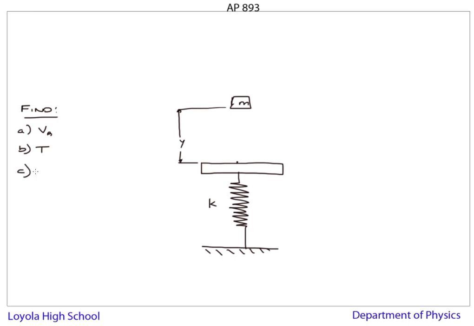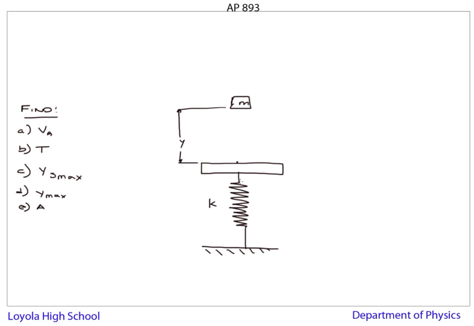C, the distance the spring compresses when the speed of the block is a maximum. So I'll say y when the speed is a max, which we have to find where that point is. D, the max compression of the spring, so y max. And E, the amplitude of the motion.